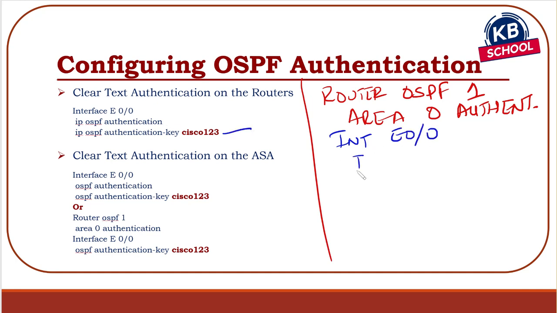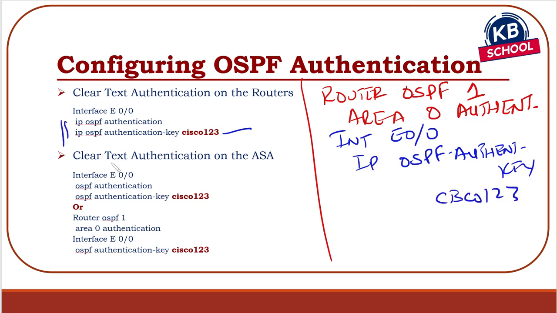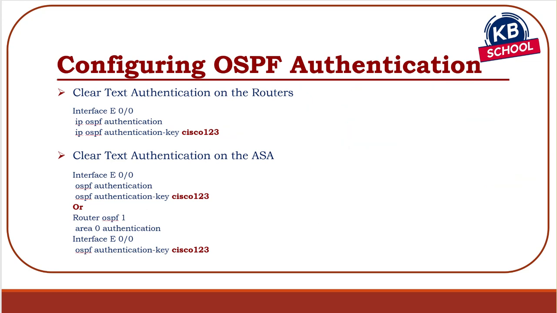That was the key command, IP OSPF authentication-key Cisco123. So I did not need to do 2 commands on the router. I would do 1 command under the interface. It helps if you have a bunch of different interfaces belonging to the same area that want the same type of authentication. This is clear text though.